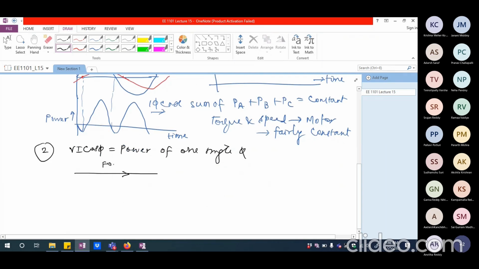So this is the forward conductor, and I may have multiple loads connected here. Imagine this is a transmission line. Each load I can think of as a home to which I'm supplying electricity. There has to be a return path. So I'm going to have a forward path and a return path.